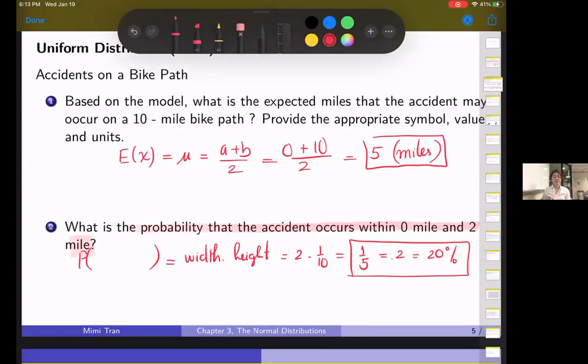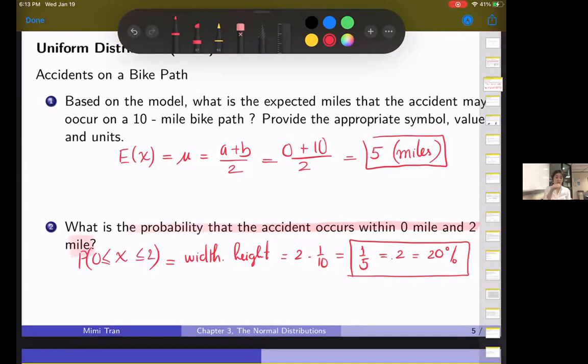Inside the parentheses, that's your random variable. My random variable is always denoted X. And X is between what? Between 0 and 2, right? That's why they call it a random variable. It's jumping between 0 and 2. If you do 0 less than X, less than 2, that's fine.